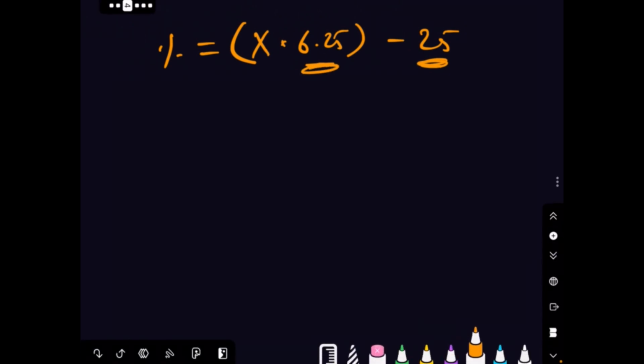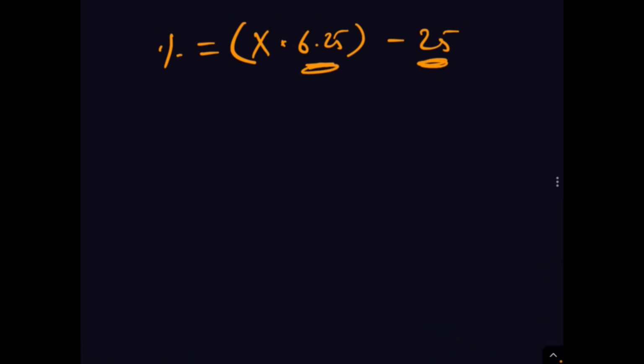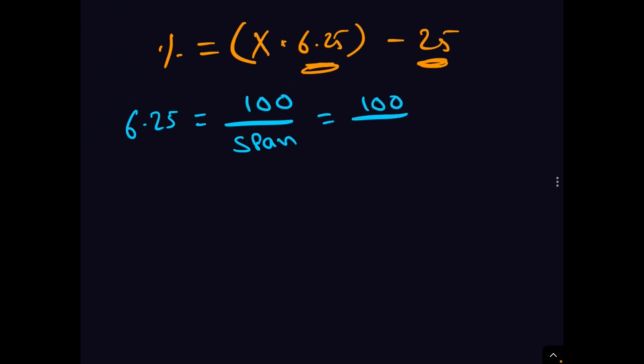Okay. 6.25 is nothing but 100 divided by span. Which span? Span from the 4 to 20 milliamp. So that is equal to 100 divided by, span means upper range value minus lower range value.